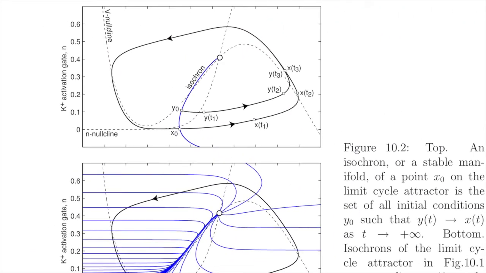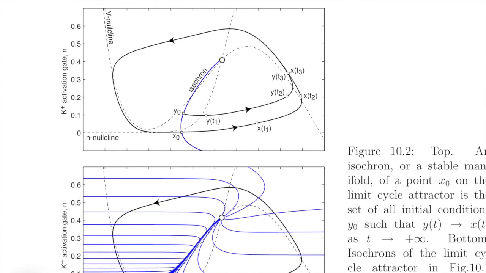here we have our limit cycle, and this is a point which is on this limit cycle. What about another state, another point like this here? How about all of these states of the system outside and inside of our limit cycle?